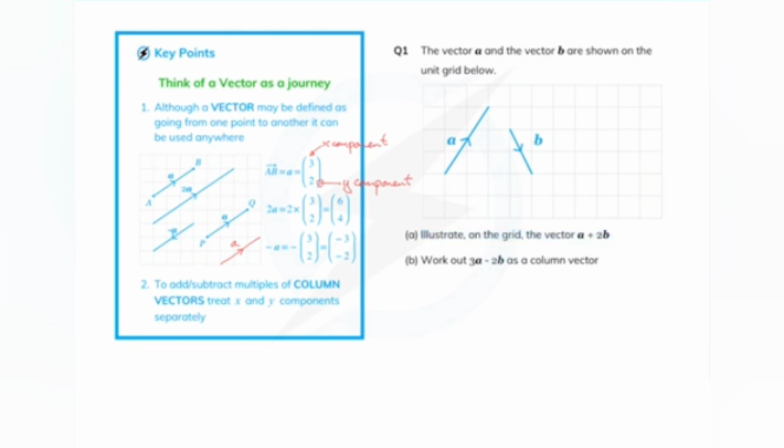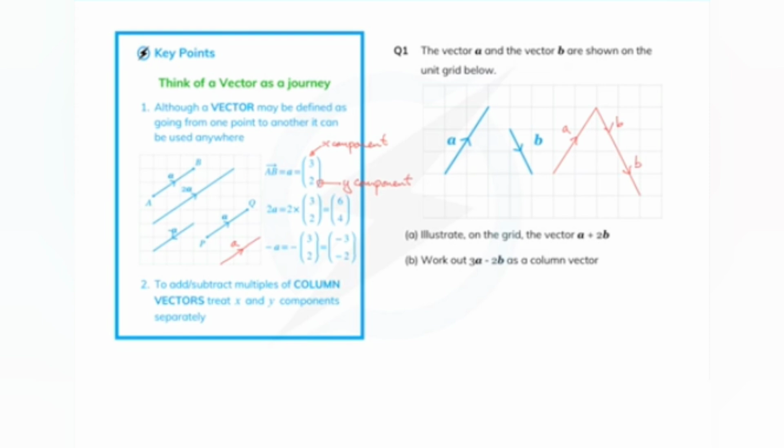Well, when we're adding vectors together, we just do the obvious thing. So I'm going to draw a copy of the vector a there. Okay, there it is, put a on there, and once I have made that part of the journey, I start at the end of it and I do 2b. Now I might do that as b, like that, and then another b like that, or I could have done it as I did on the diagram on the left as 2b all in one go.